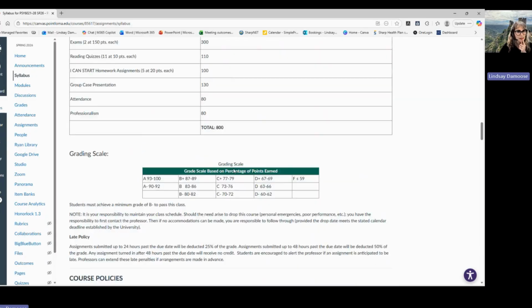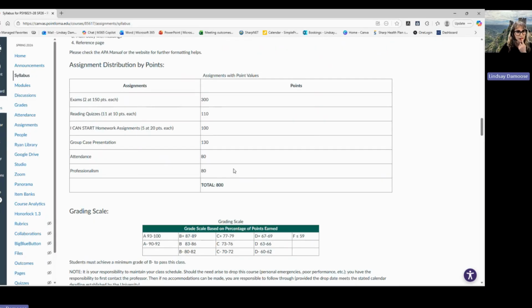I think that's really key. Now the breakdown of points: 150 points for each of your exams. You will have reading quizzes through most of the class, but when we start to get into the actual diagnostic sections, you will have reading quizzes to keep you accountable for the reading that you have hopefully done.